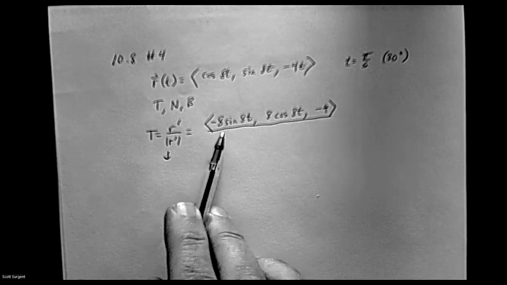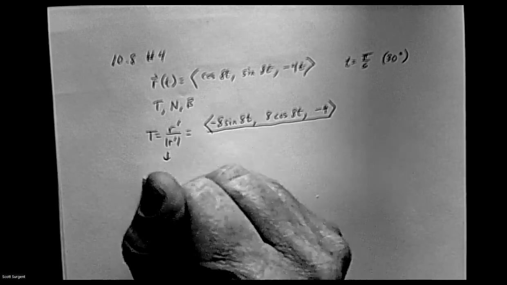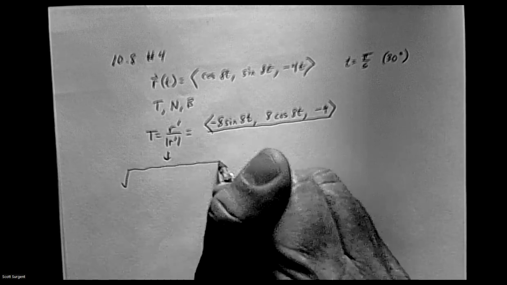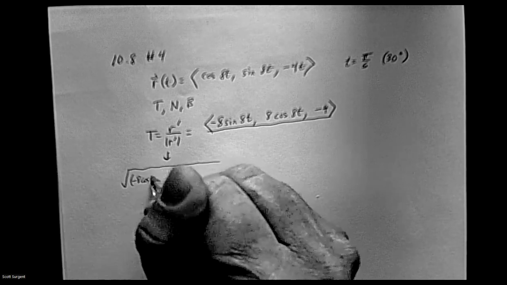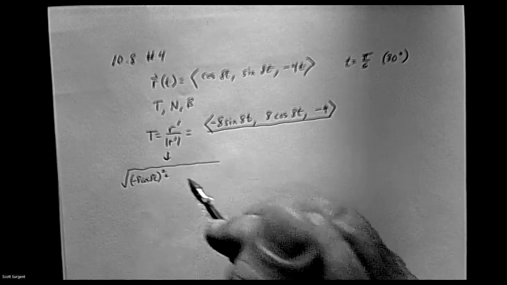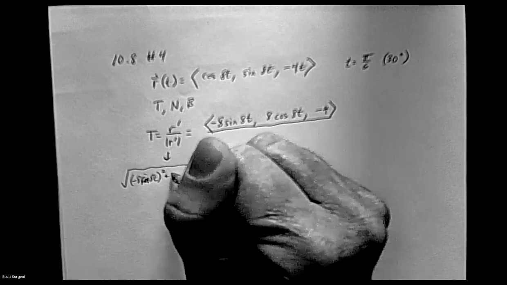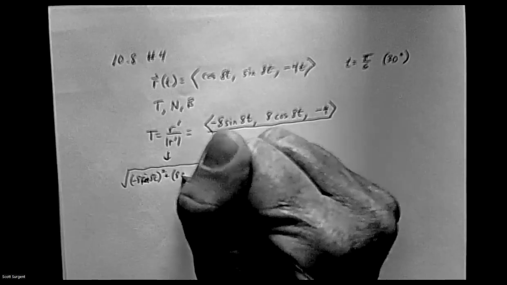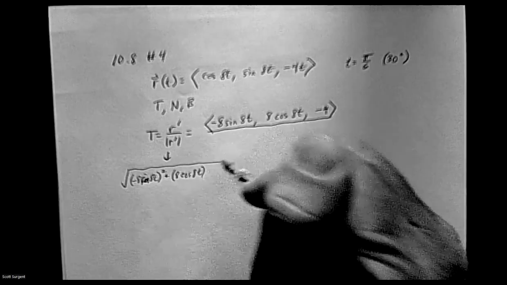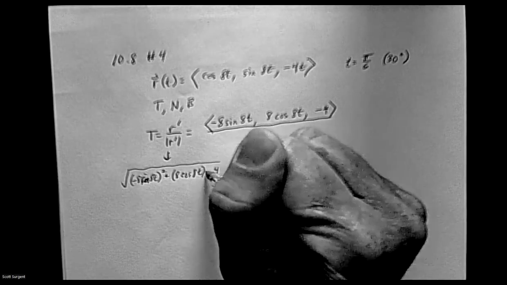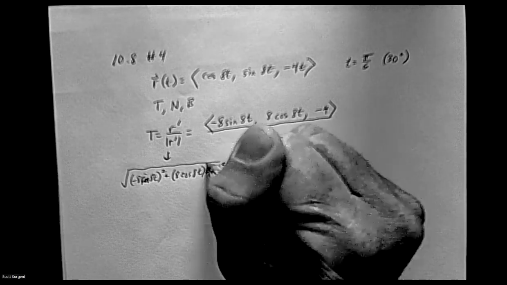Magnitude of r prime. Well, if I square this, it's going to be nasty for a moment. Negative 8 sine 8t squared, and then 8 cos 8t, and then a negative 4 squared.